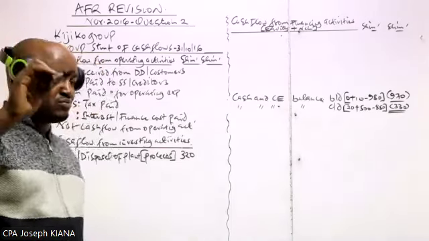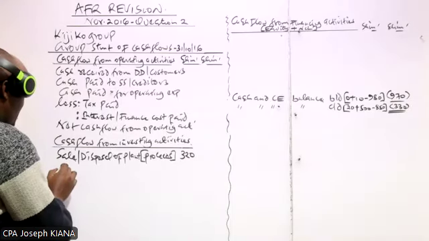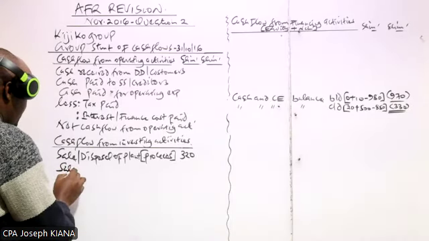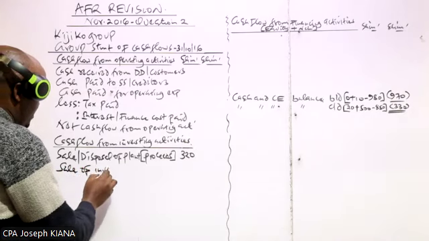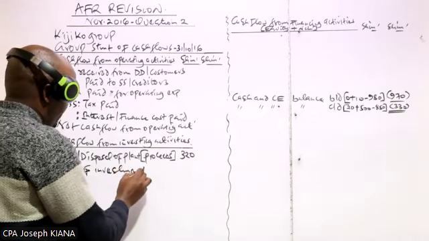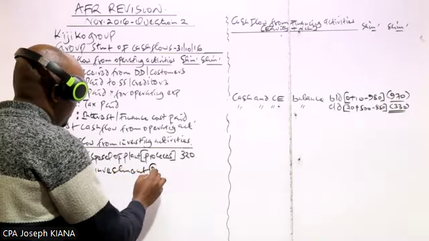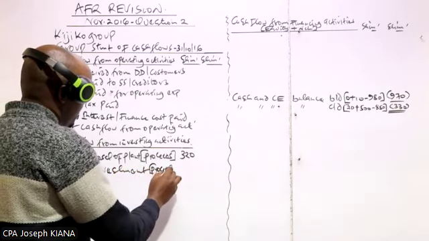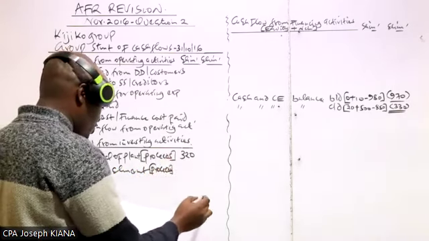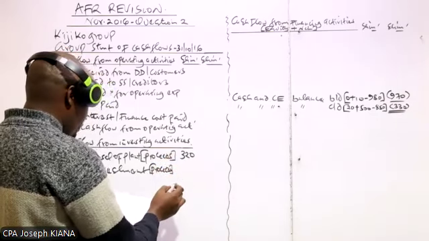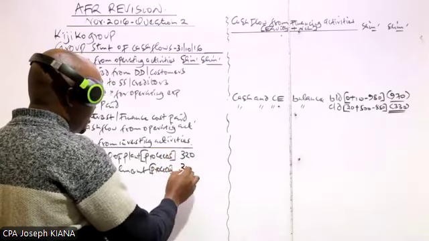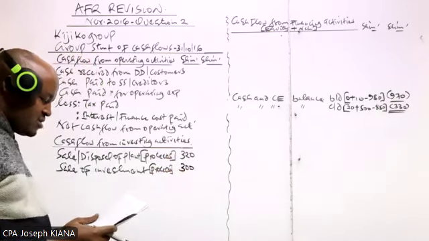It means that they were disposed. Anytime the company sells an investment, that is also an investing activity. A sale of investment, and equally what you consider here is the proceeds. The investment was sold at how much? In note number 2, we are told they were sold at 300, which is still a cash inflow. We are done with that.